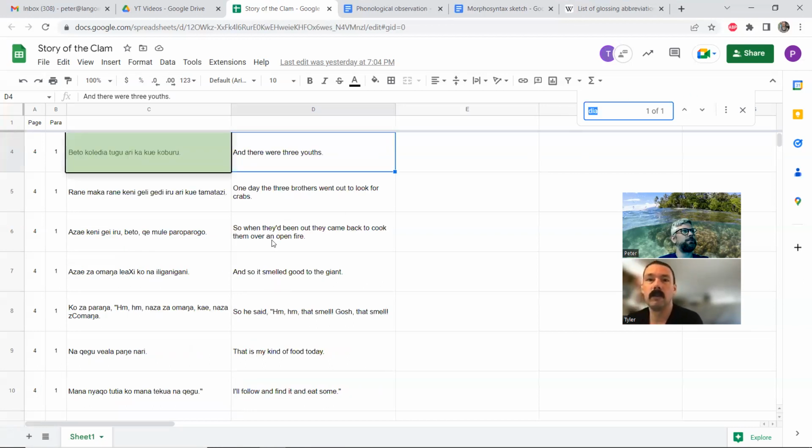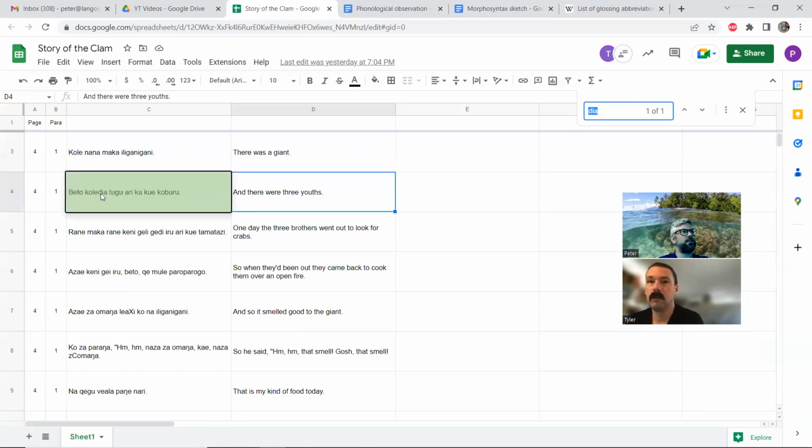Where are you, Dia? This time it looks like it's attaching right to the verb. You get Beto, Cole, Dia. So it probably is a different thing, the Dia, than the D. Although this is intransitive, and the others are all transitive.